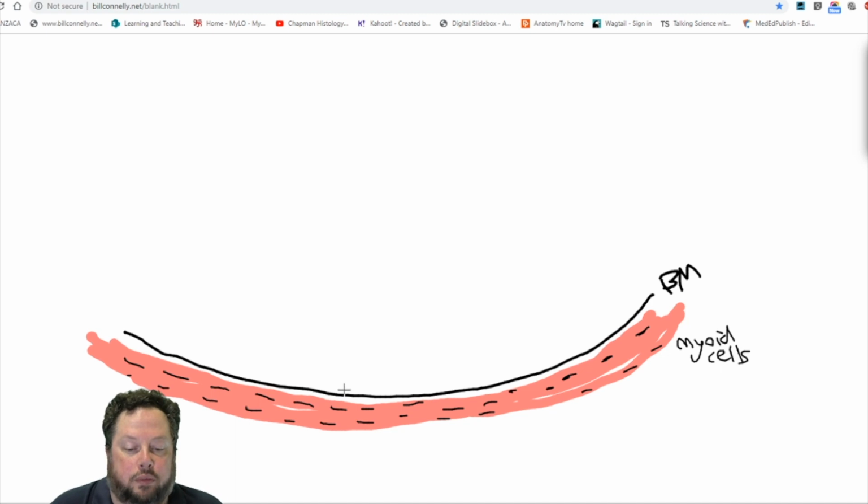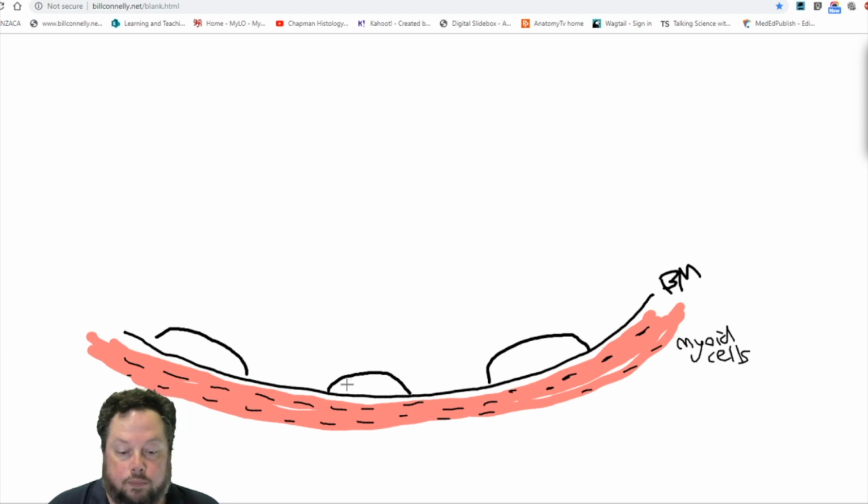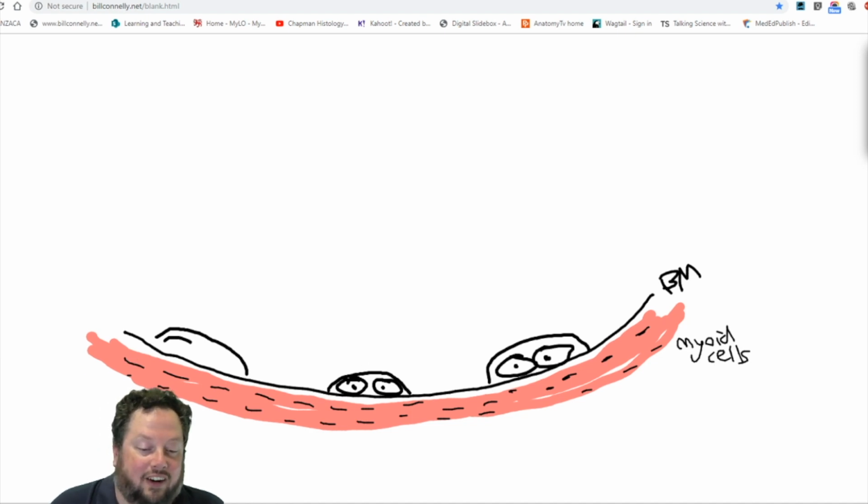Okay, now, sitting on the basement membrane is our nurse cell, and the nurse cell extends all the way from the base, sitting on the basement membrane, all the way to the lumen. So what I'm going to do is draw a couple of these here. We'll put a cell or two in here. These aren't eyes. It looks like someone's peeking out, hiding underneath the Sertoli cells.